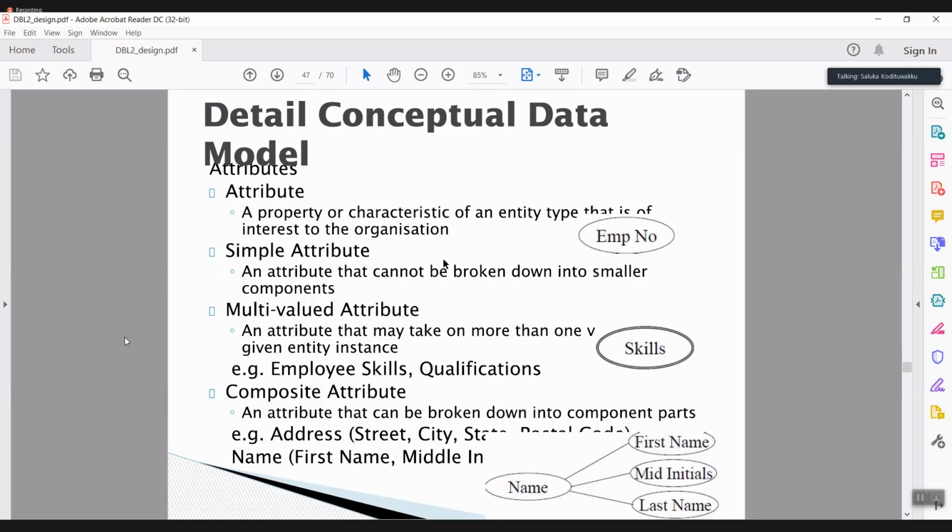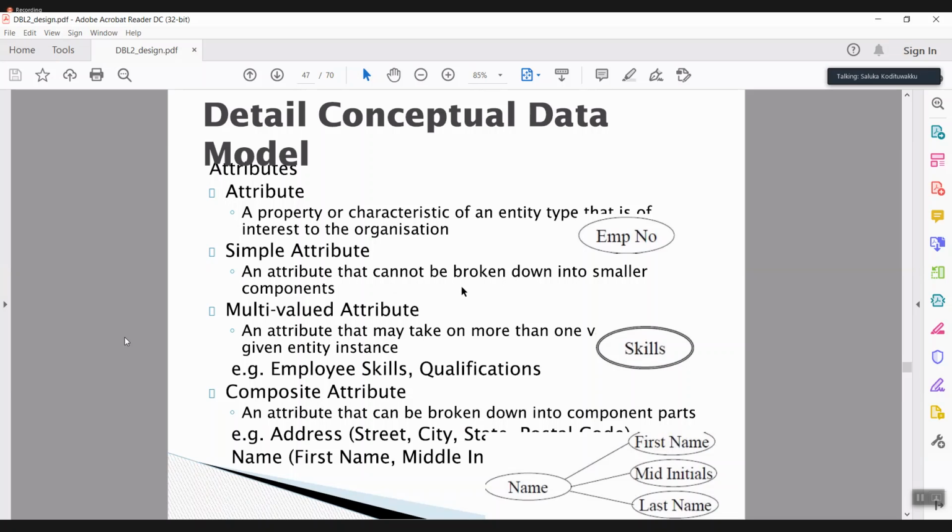Basically there are different types of attributes we consider. In general, what we call an attribute is a characteristic of an entity, and it is represented by a labeled oval. And the attribute can be of three types: simple, multivalued, and composite. What does simple attribute mean? It is an attribute which cannot be broken into pieces, for example, age.